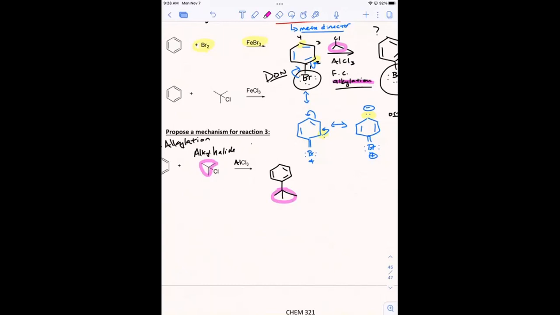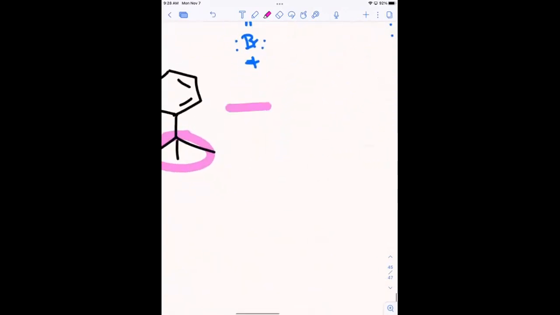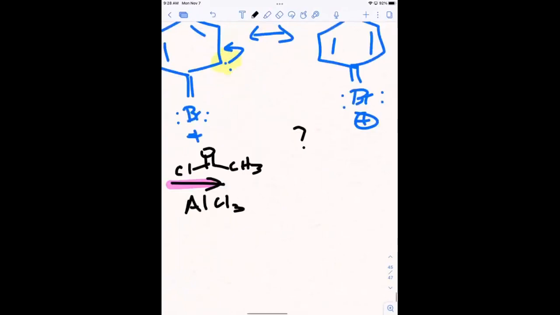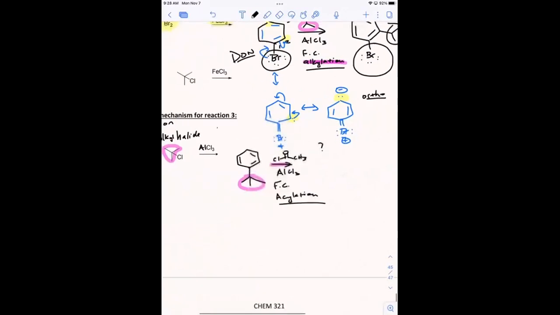All right, what if I took this and acylated it? What would I get from that? So I'm starting with this product.